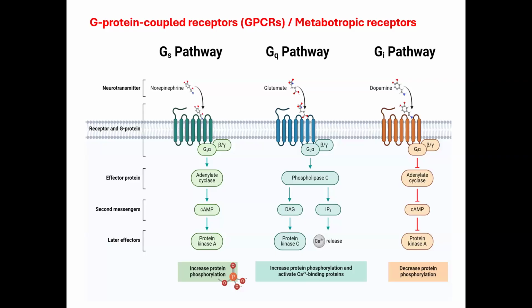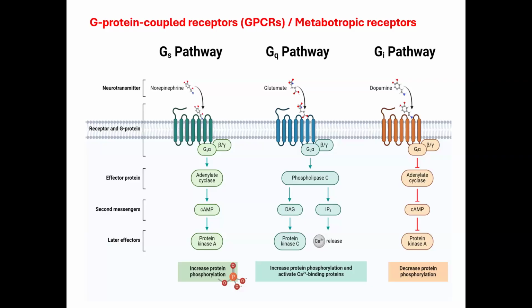Then for Gq coupled receptors, they usually lead to the release of protein kinase C. And of course, the release of protein kinase C also has its end effect. It usually leads to an increase in phosphorylation of certain amino acids and proteins and the like.